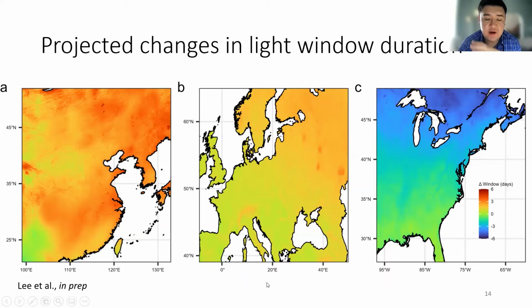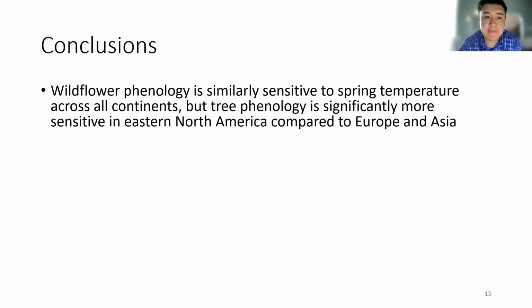So we see very different patterns or predictions across these different continents, where North America is the most negative here, where we would expect strong decreases in access to light, especially in the northern part of North America. And then in Asia, especially, we see strong projected increases in spring light availability. And Europe is somewhere in the middle, where we don't expect it to change much at all.